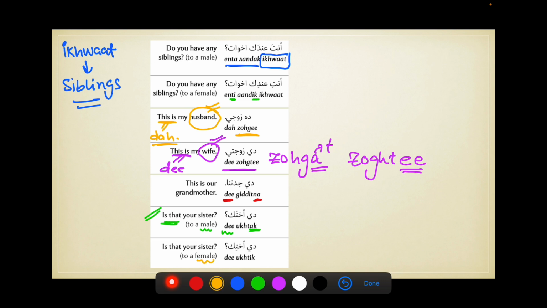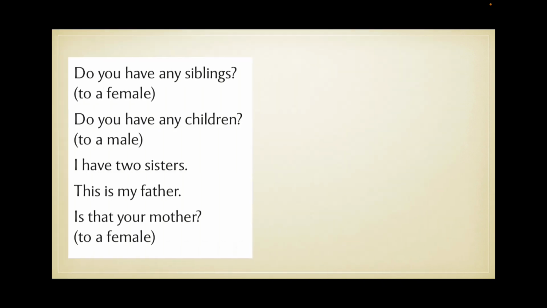And if you're talking to a female, you will say di ukhtik. We will use di in both sentences because we are talking about sister, which is a feminine noun. But since we are talking to a male here, we will use ukhtak, and here we're talking to a female, we will use ukhtik. I want you to try these examples on your own, and these are your answers.